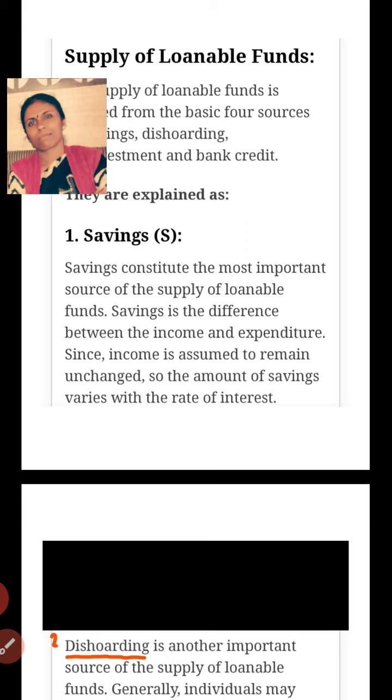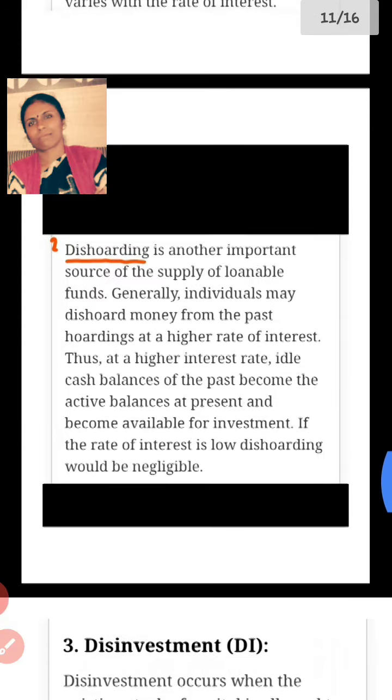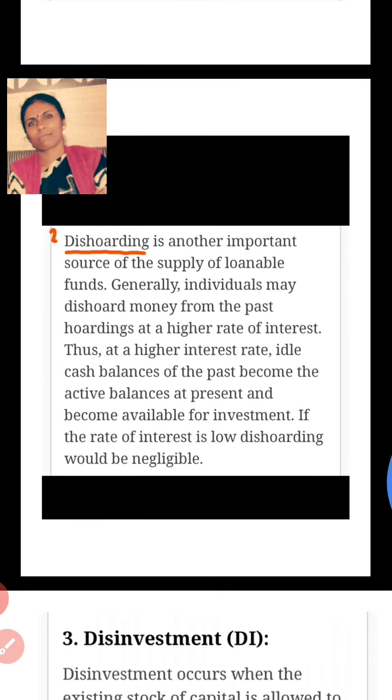And as the rate of interest goes on increasing, people want to save more and more. The higher the rate of interest, the higher the savings, and the lower the rate of interest, the lower the saving.